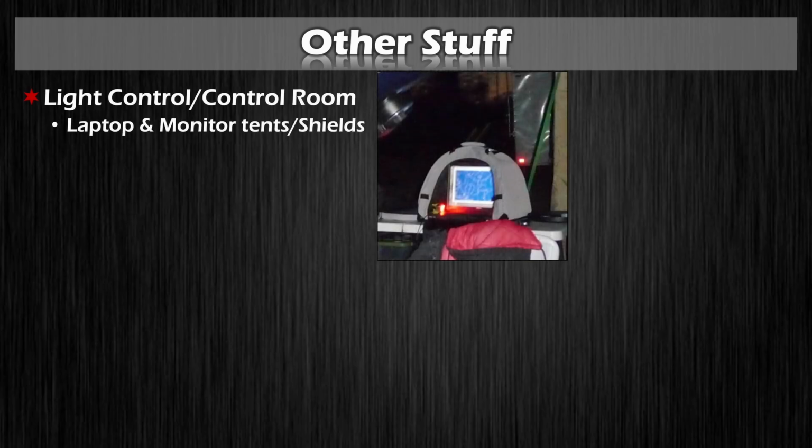So who doesn't love accessories? These are some items you should seriously consider, as they will greatly improve your overall experience. So some sort of light control or control room. Now, for a laptop or a monitor, you can get a small tent or a shield, or in this case, I'm showing an example of something called a lap dome.